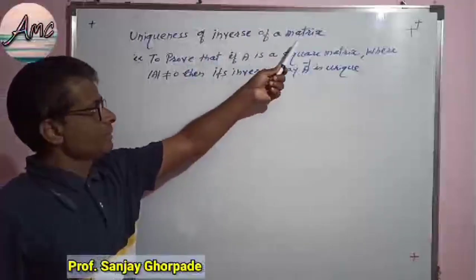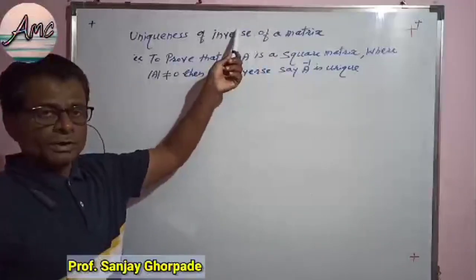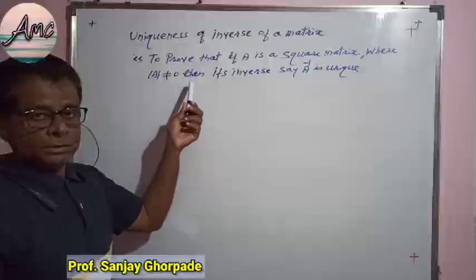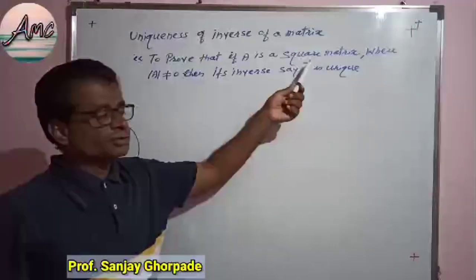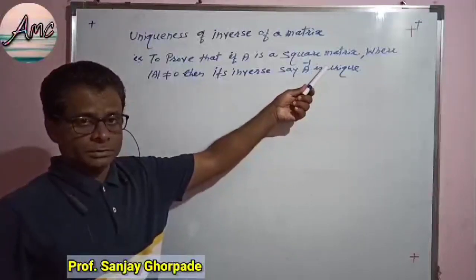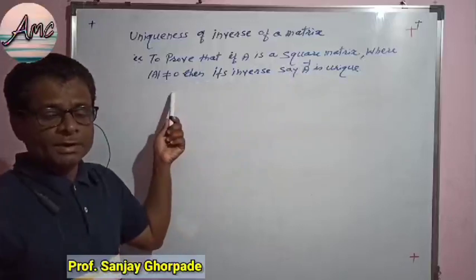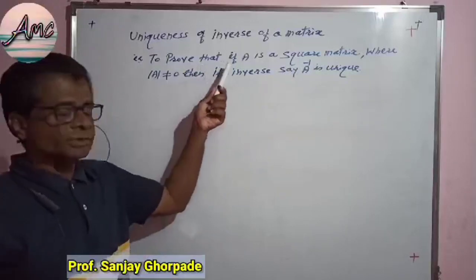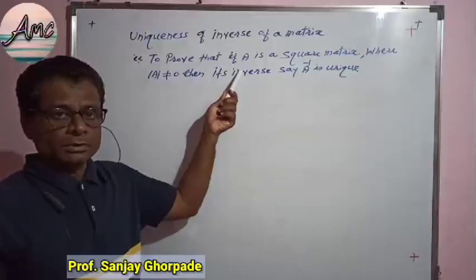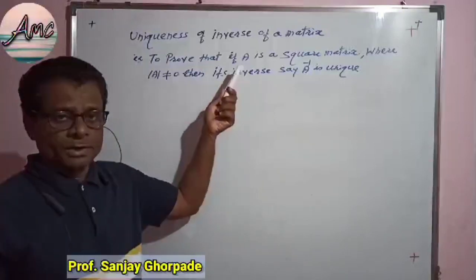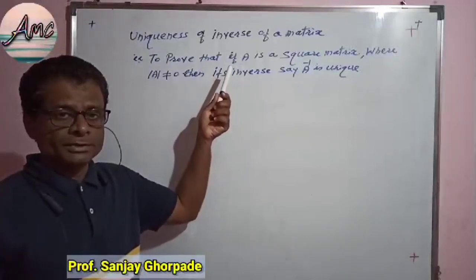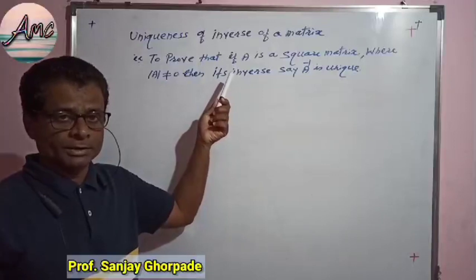Uniqueness of inverse of a matrix. What is the meaning of this? If A is a square matrix where determinant of A is not equal to 0, that means the square matrix is of what type? The square matrix is a non-singular matrix.